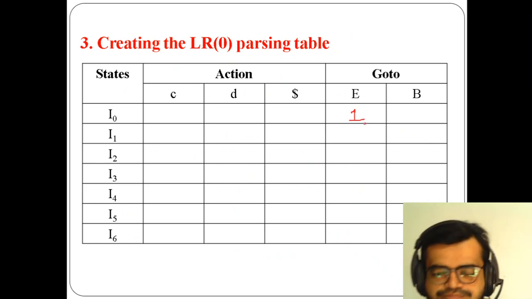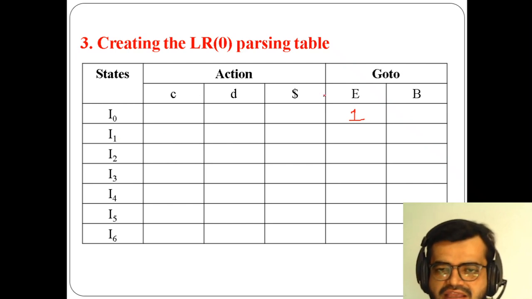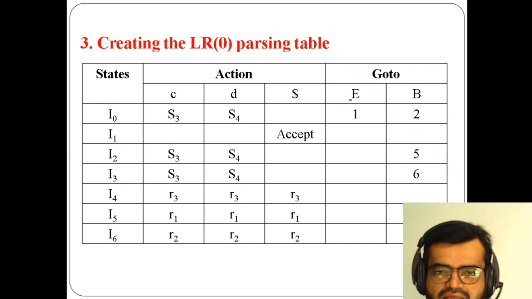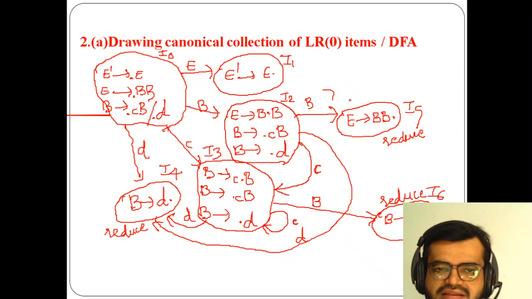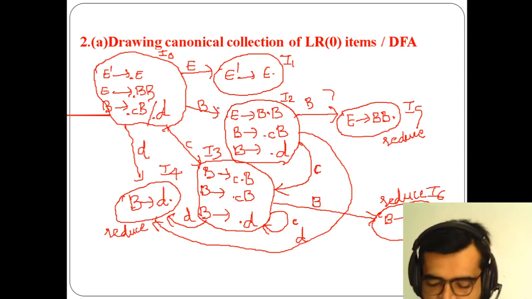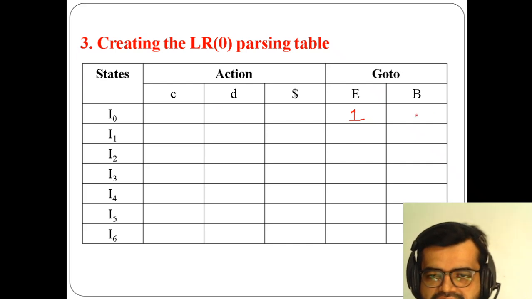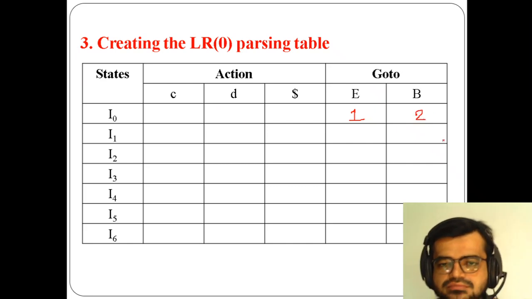I'm writing 1 here because I0 to I1 is with the help of E, right? And next, from I0 to I2, how are you going? With the help of B. So instead of I2, I'm writing 2 here.